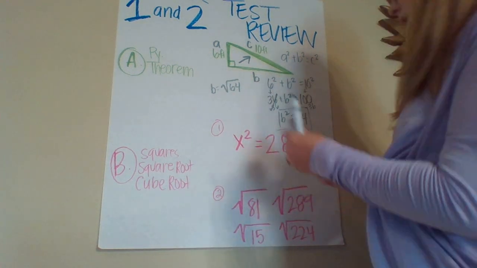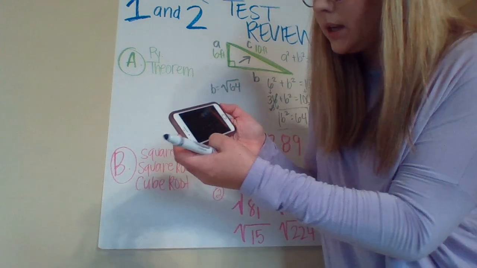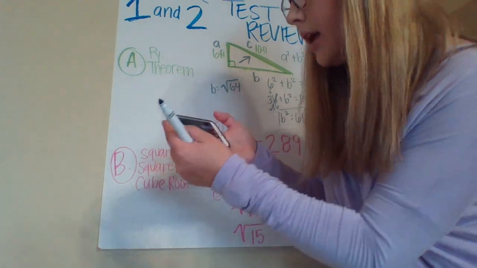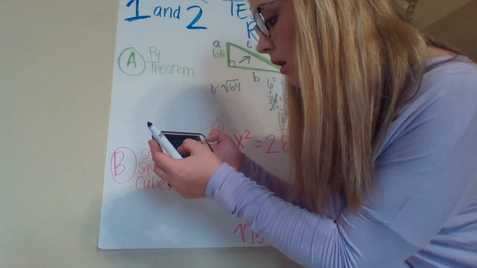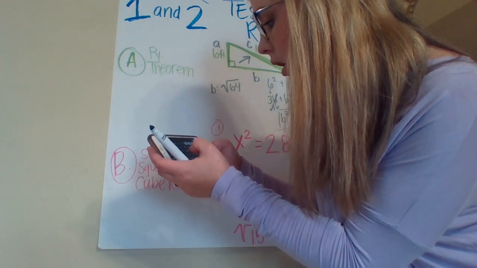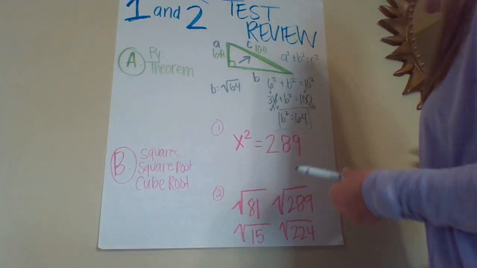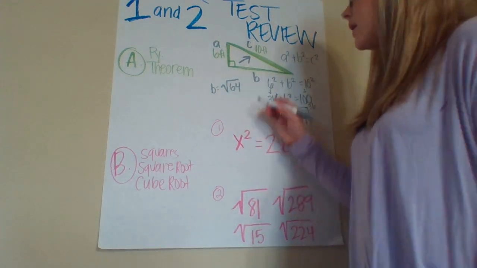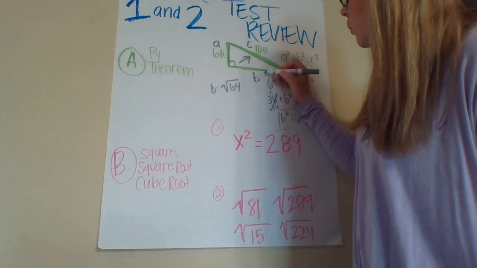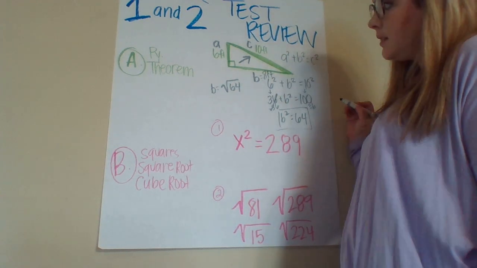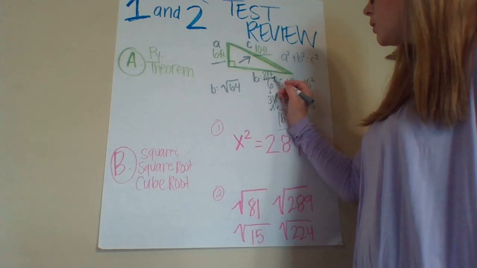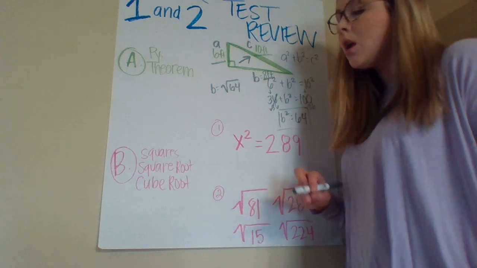We can go to our calculator, as Mr. Becknell showed you in his video, and we should know that 8 times itself is 64. So this is a perfect square, and B would equal 8 feet. So we now have all 3 measurements for that triangle.